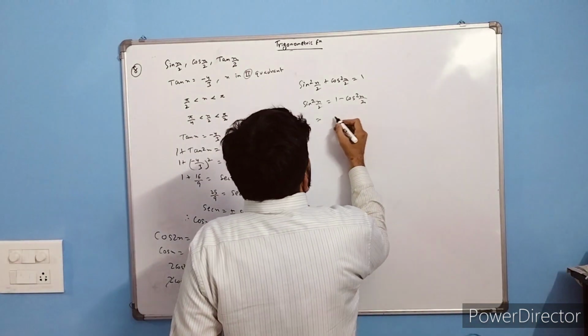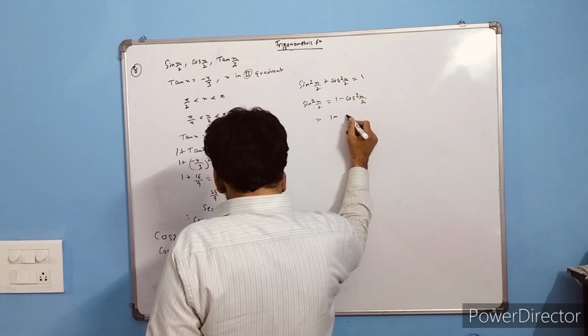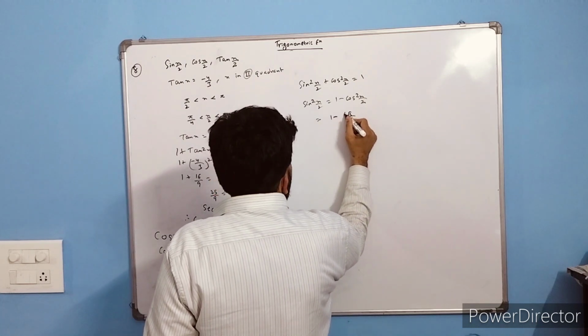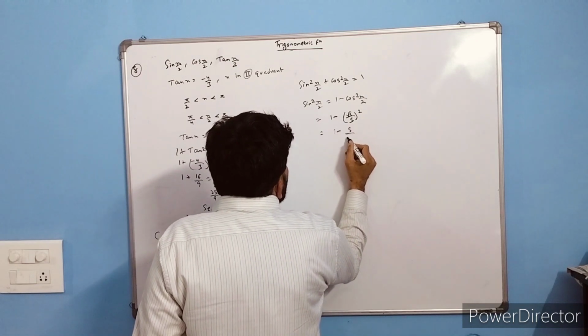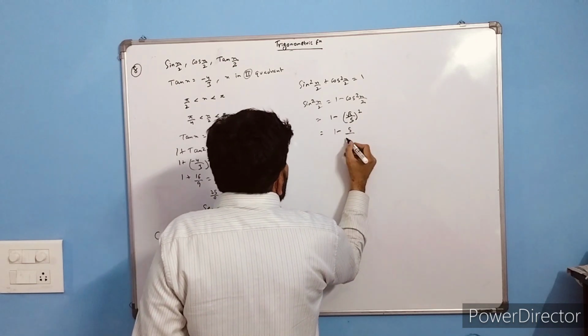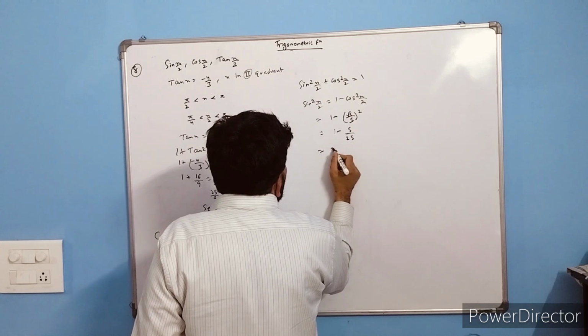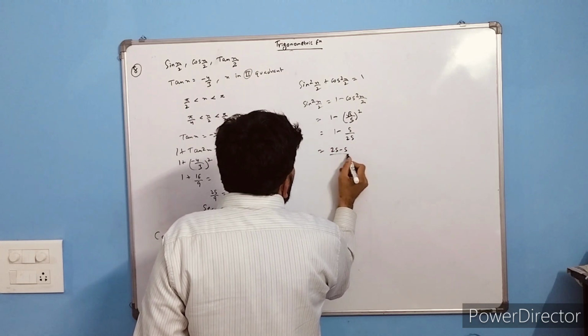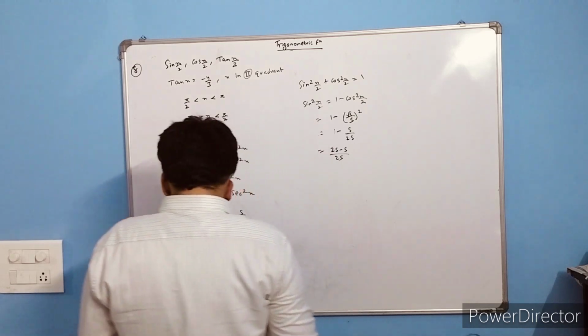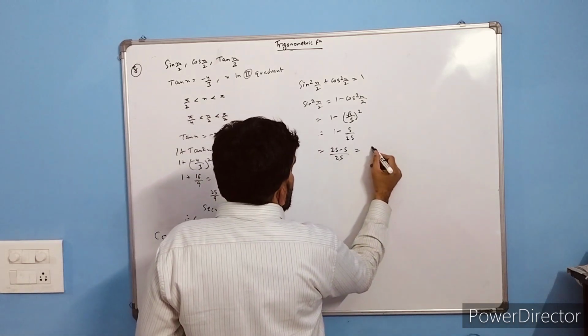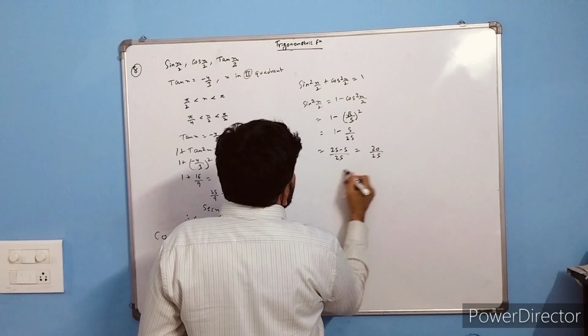Now we will see 1 minus cos value, root 5 upon 5 whole square. So I got 1 minus 5 upon 25. So I got this value, 25 minus 5 upon 25. Okay, so now I got this value, that is 20 upon 25.